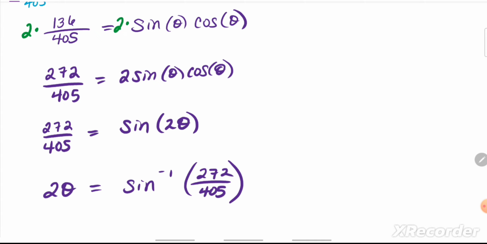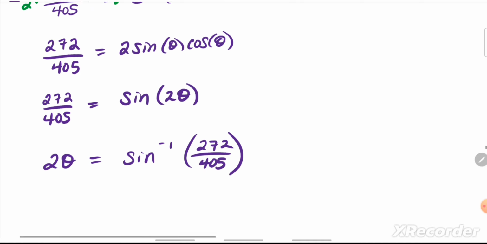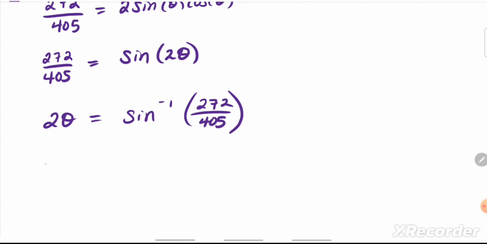Note that in our application, our angle theta is measured in degrees. So we need to make sure that our calculator is switched back into degree mode. And we're going to do sine inverse of 272 over 405.